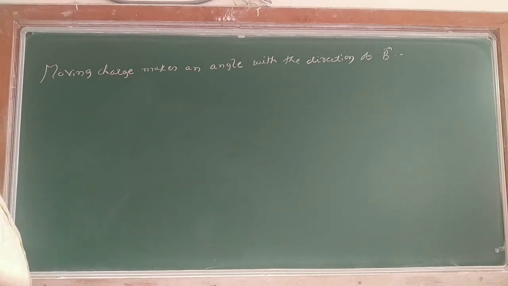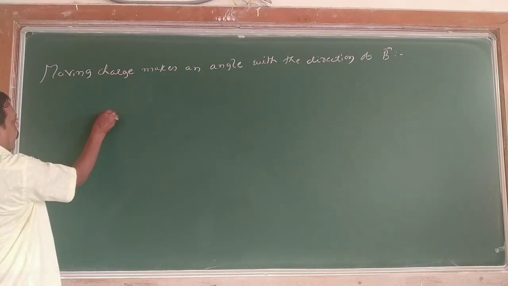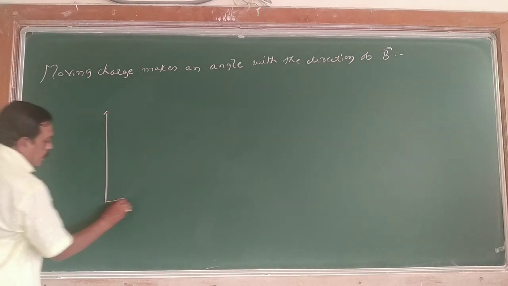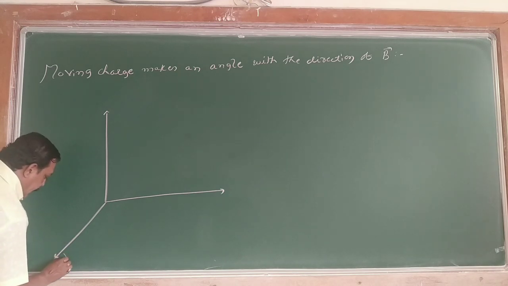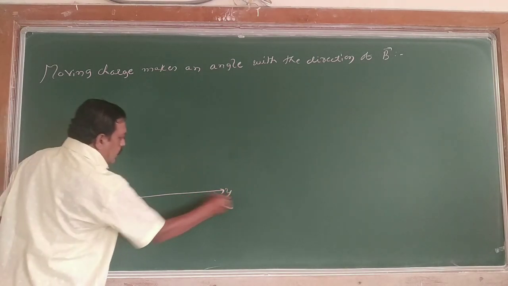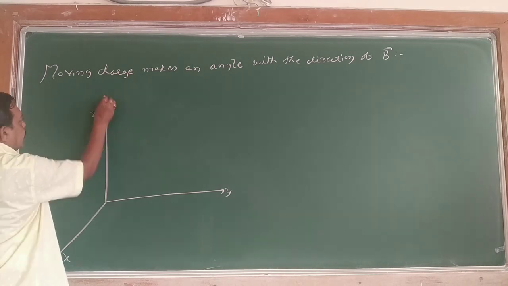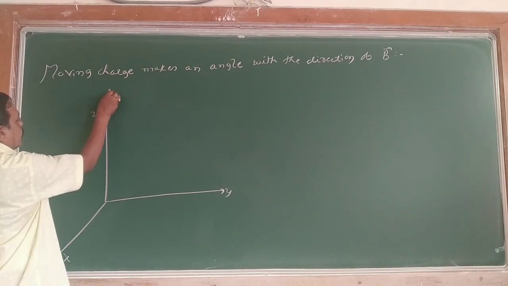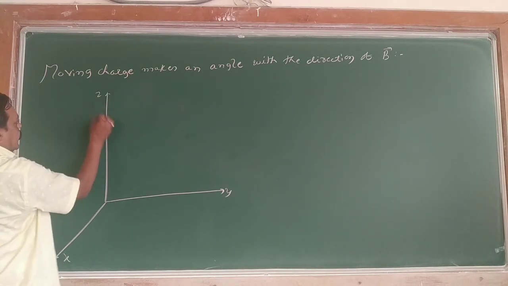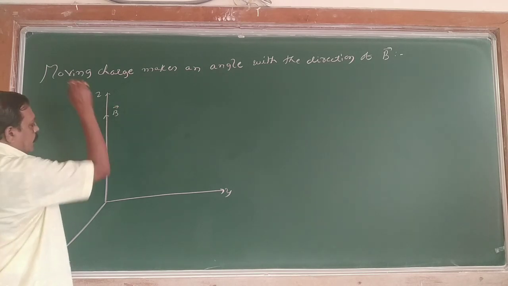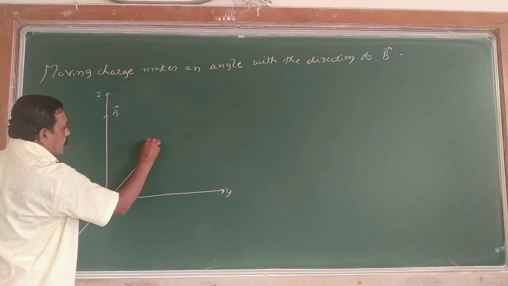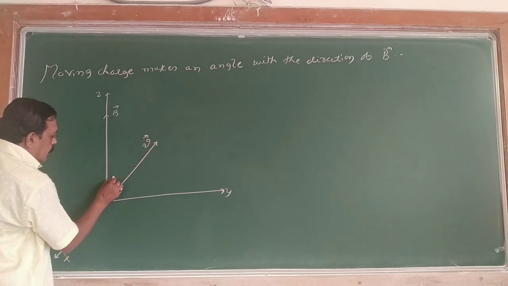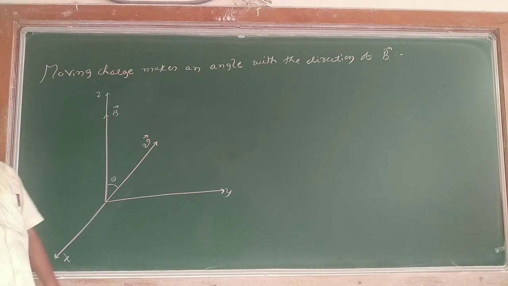Now I go for a coordinate system: X-axis, Y-axis and Z-axis. I take the direction of the magnetic field along the Z-axis; you can take any direction. Now this is the direction of the magnetic field. This is the velocity of the charged particle, which makes an angle theta with the direction of the magnetic field.